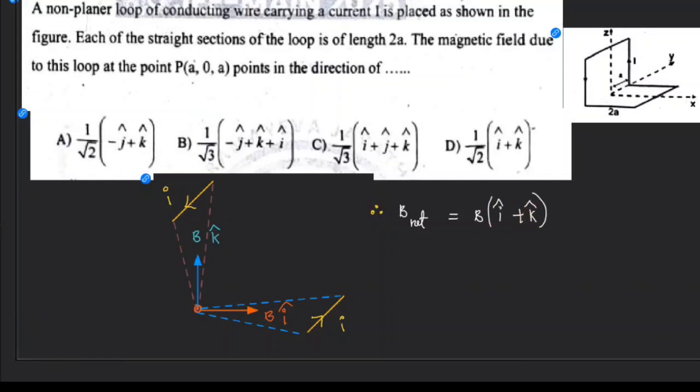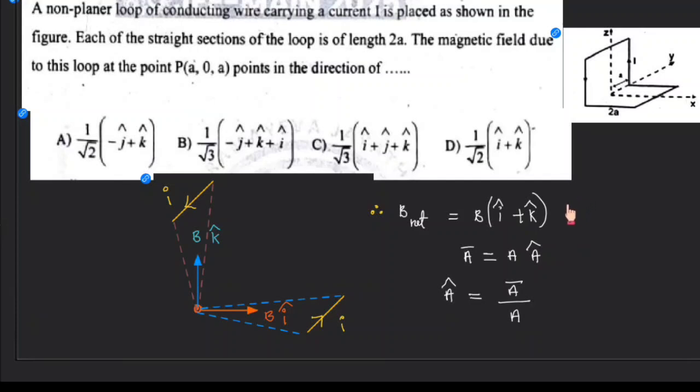Here he asked only the direction, so you could easily solve this. Whenever there is a vector a bar, it is equal to its magnitude into its direction, right? You could say the direction a cap is equal to a bar by a. So you need to find only this unit vector.